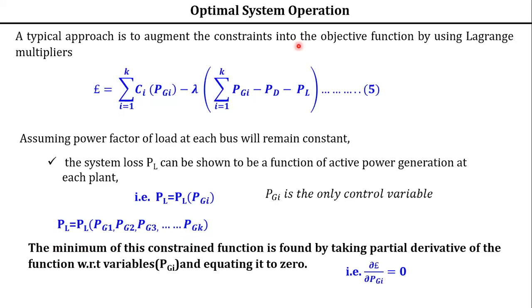In case 1 also, after augmenting, what did we take? We took the partial derivative of this Lagrangian equation with respect to PGi and equated it to 0. Then you are going to get the minimum value. Understood? So we have to take dou L by dou PGi equal to 0. Take the derivative of this equation and equate it to 0.